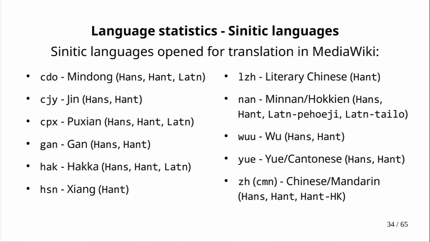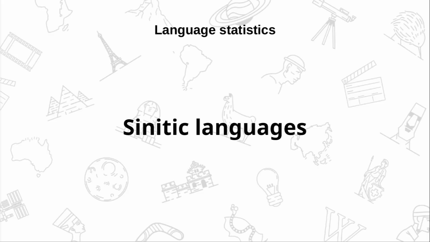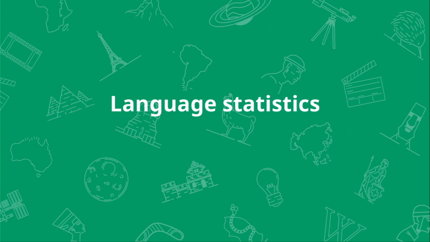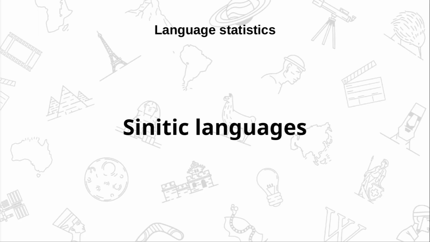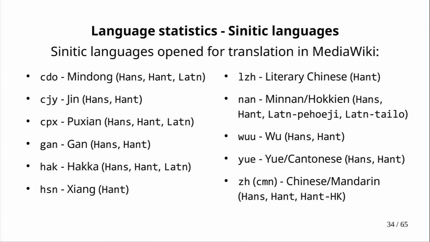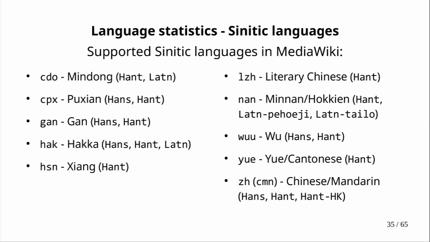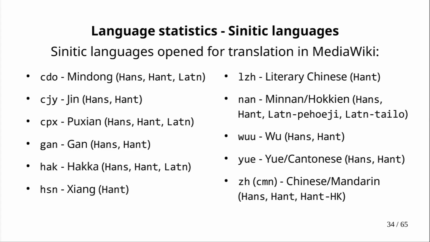And then we're going to talk about language statistics. First we come to the Sinitic languages part. As we mentioned, there are several languages open for translation, including Mindong, Jin, Puxian, Gan, Hakka, Xiang, Literary Chinese, Hokkien, Wu, Cantonese, and Mandarin, or Chinese in the Hong Kong context.